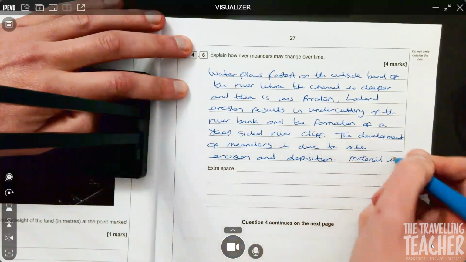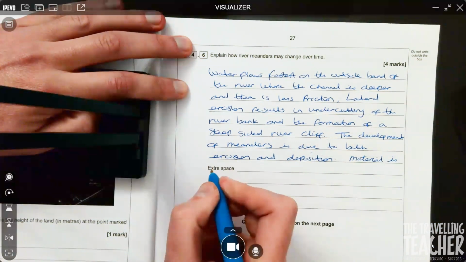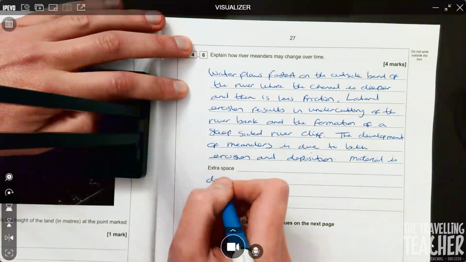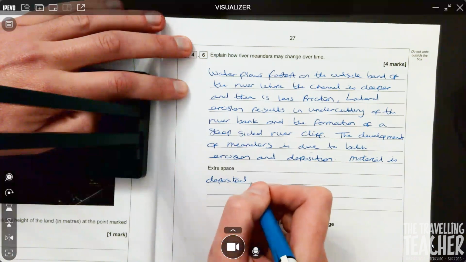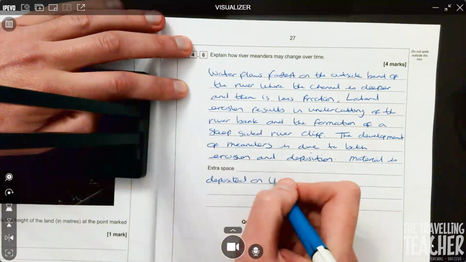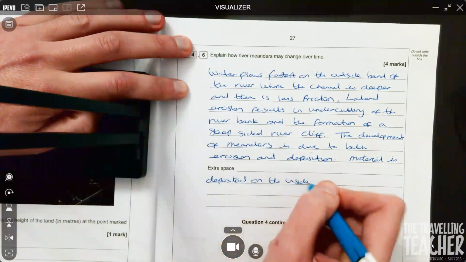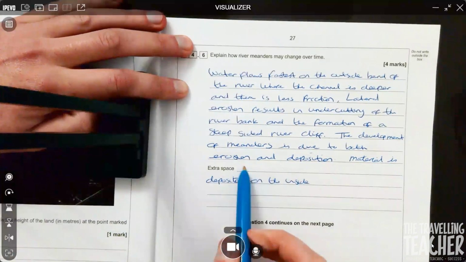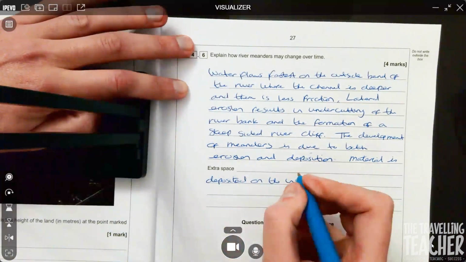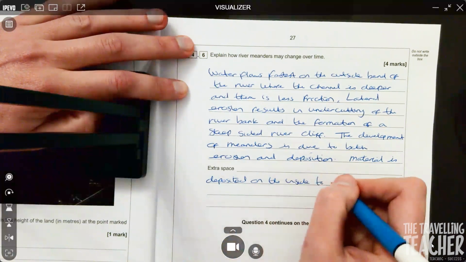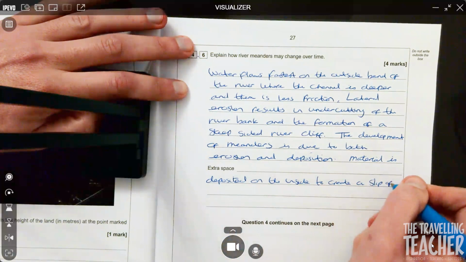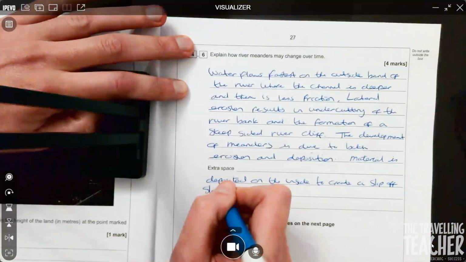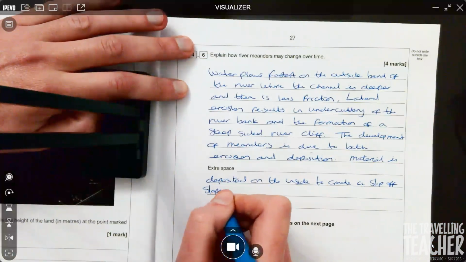Material is deposited on the inside bends to create a slip off slope. Full stop.